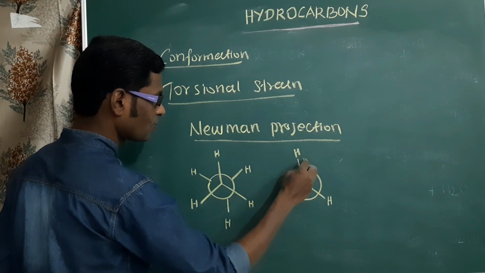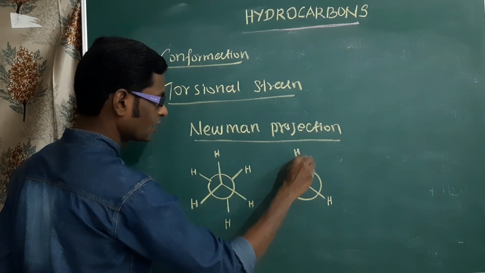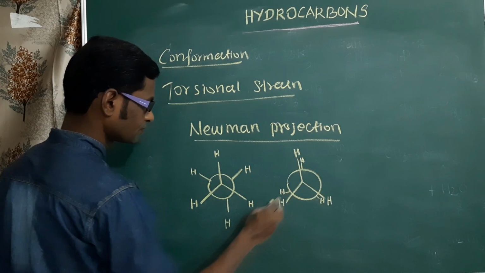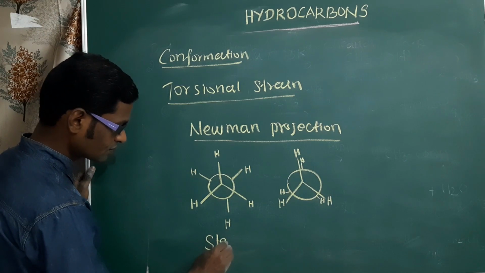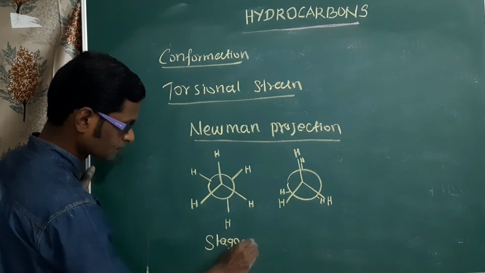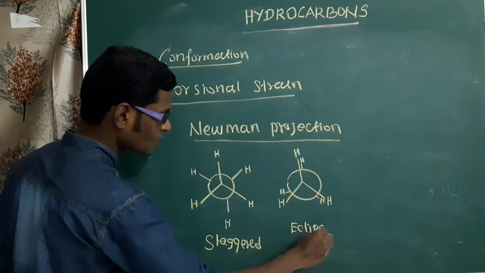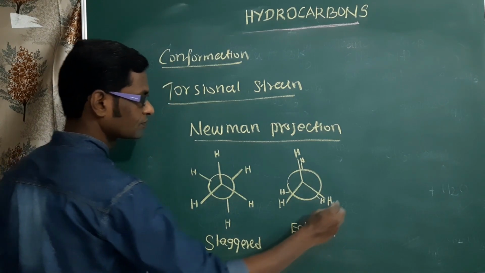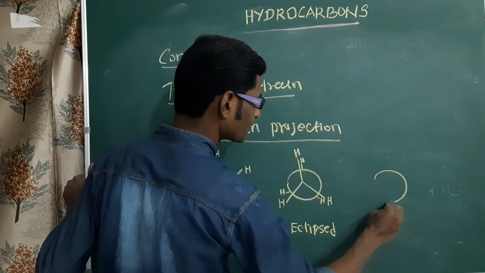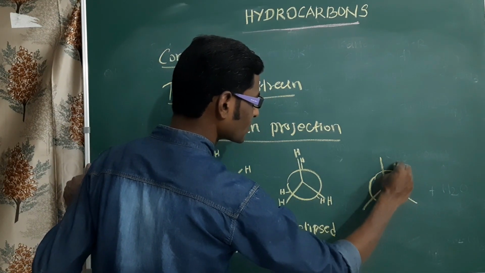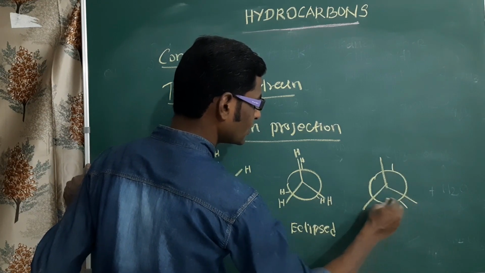Staggered groups are far apart from each other. Eclipsed, close to each other, is least stable. Staggered is most stable. Eclipsed, least stable. The third form is the skew form. It is intermediate between staggered and eclipsed.